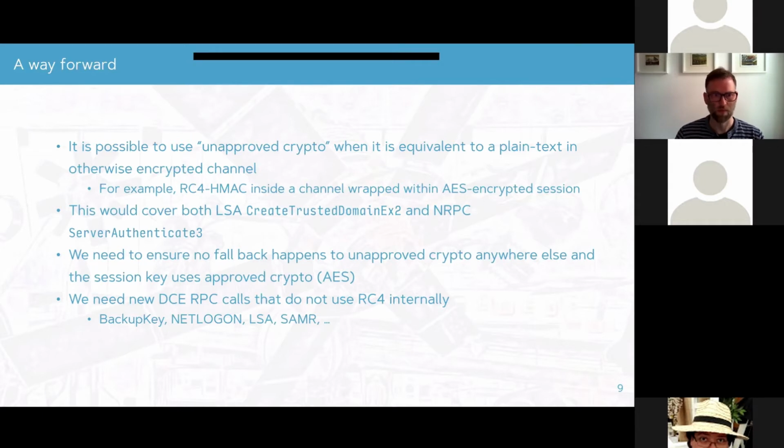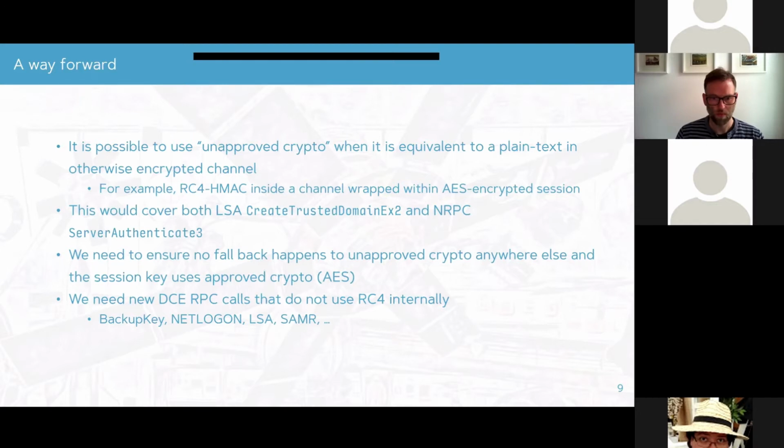But you have to guarantee that the outer channel is the right one. And using these kinds of things would cover both of the examples I showed on the previous slide, like create trusted domain X2 or server authenticate 3.